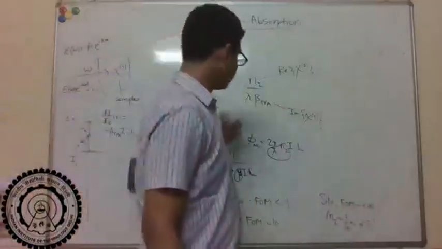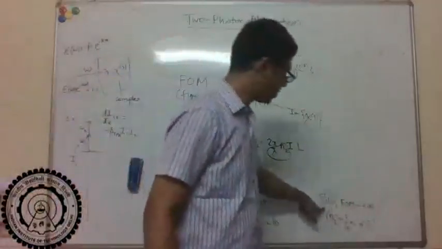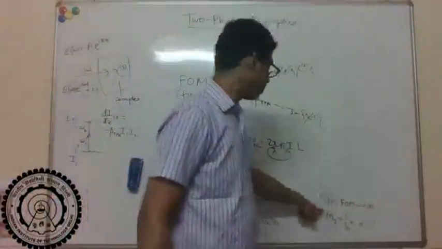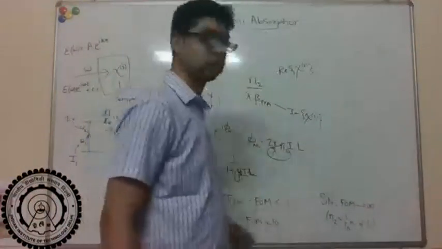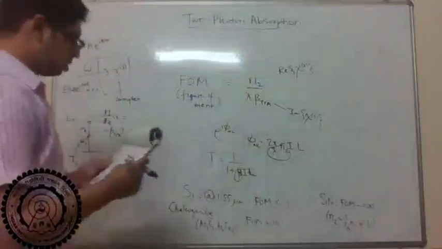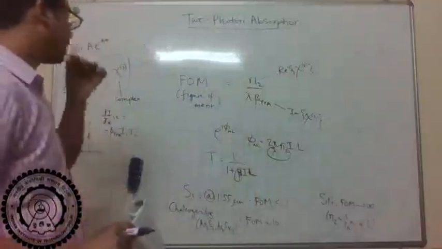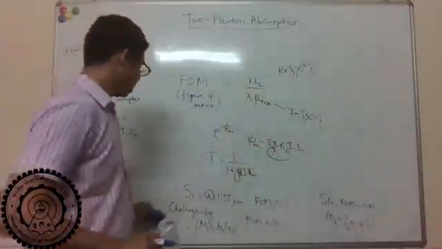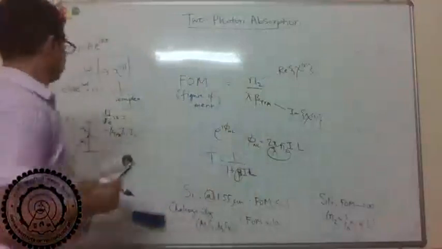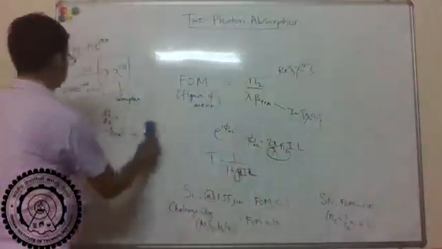So for the same nonlinear phase shift you need larger power here, but you can afford that larger power because there is no nonlinear loss. So again, it depends on the particular application what kind of material you want to choose.